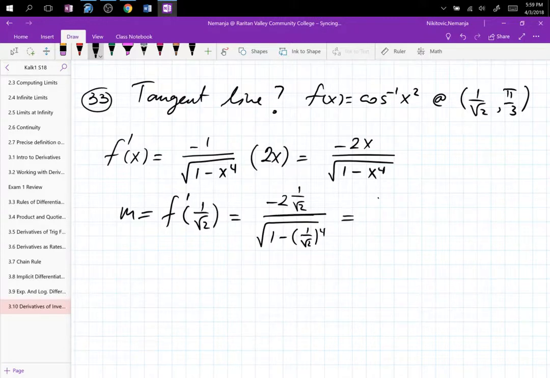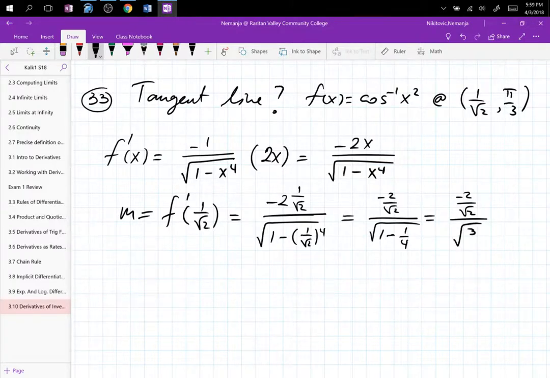So now this is -2 over root 2 in the numerator divided by square root of 1 minus, and this is 1/4, because 1 to the 4th is 1. Root 2 squared is just 2, and then another square, so it's 4. And now we calculate, so this is -2 over root 2 divided by square root of 3/4.